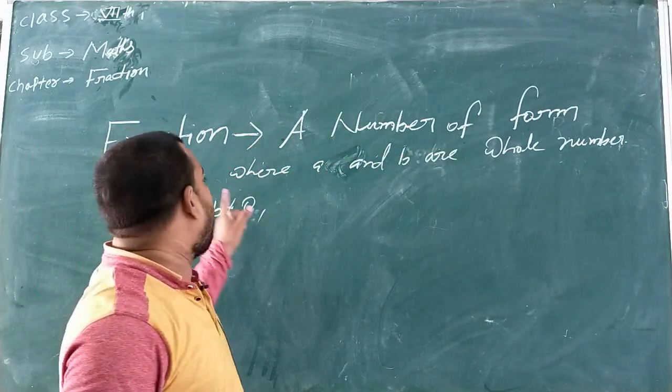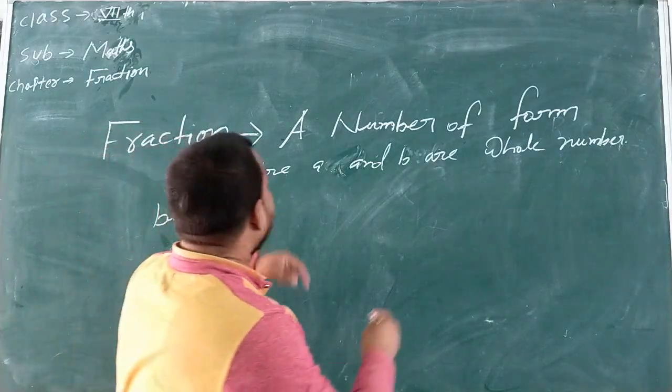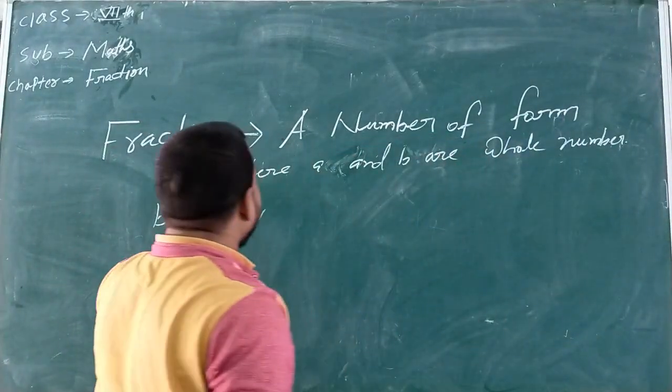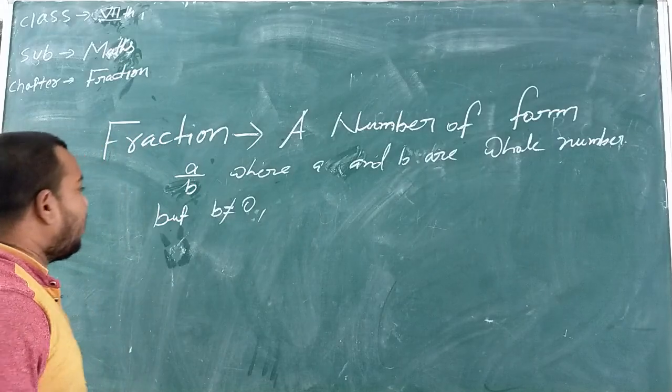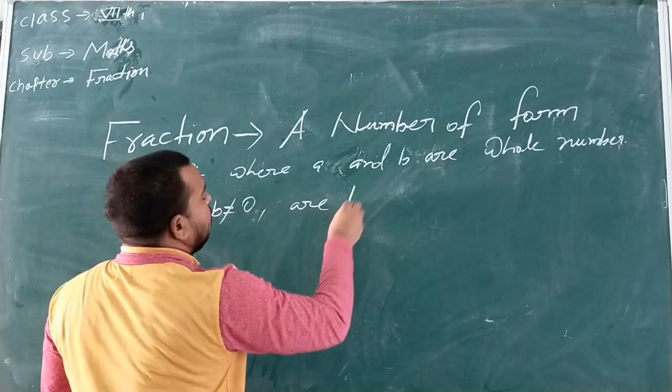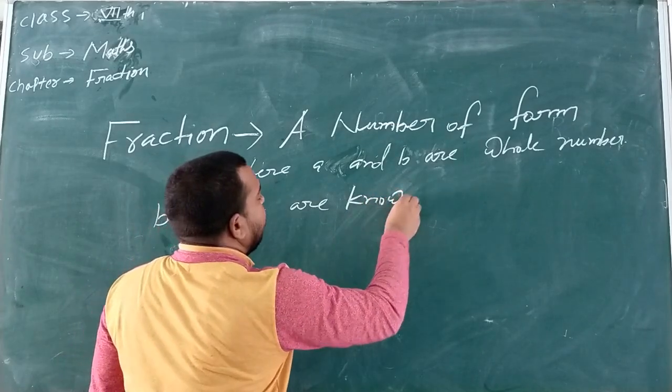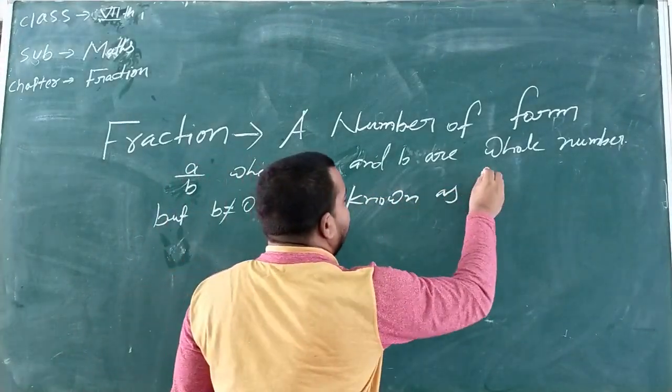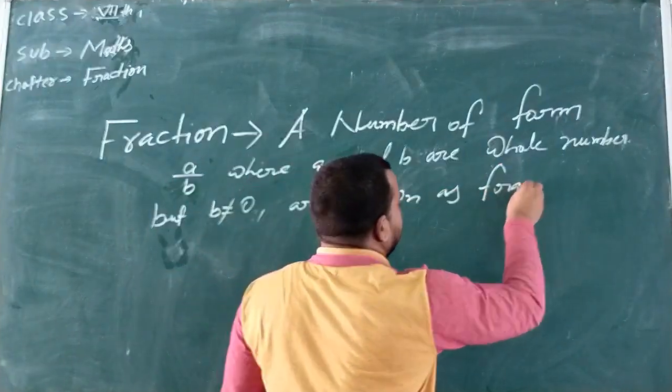A number of the form A by B, where A and B are whole numbers but B is not equal to 0, is known as a fraction.